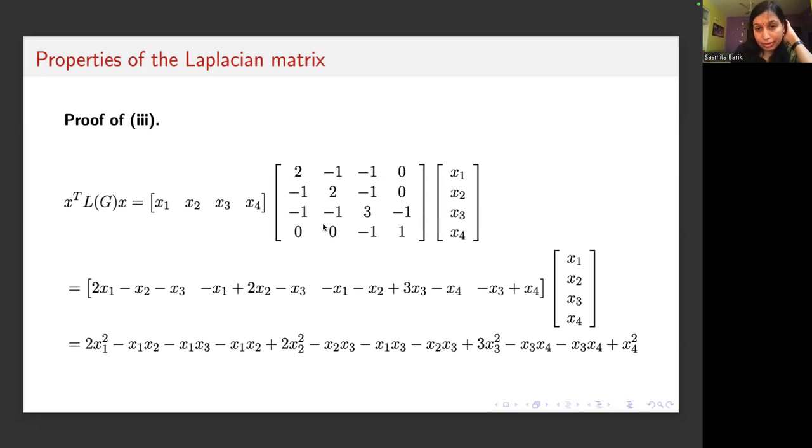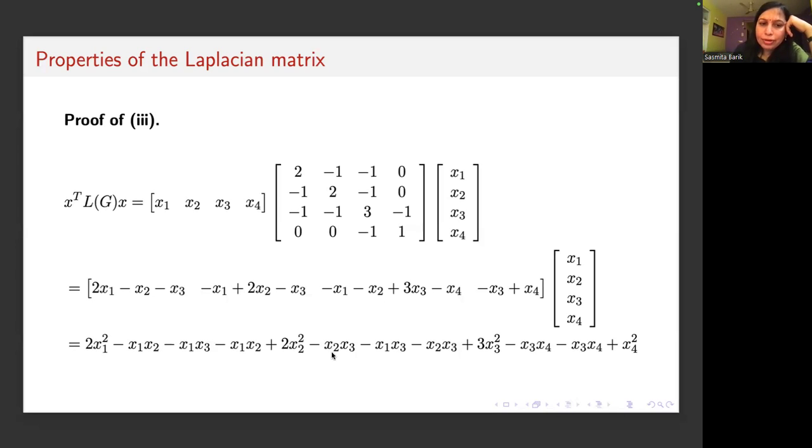If I take X transpose LGX, just take any vector X, so X1, X2, X3, X4. So I look for this expression. I have to write it as a sum of squares. And just multiply in the way you want to multiply. So you will get your entries, and finally you will get like this.